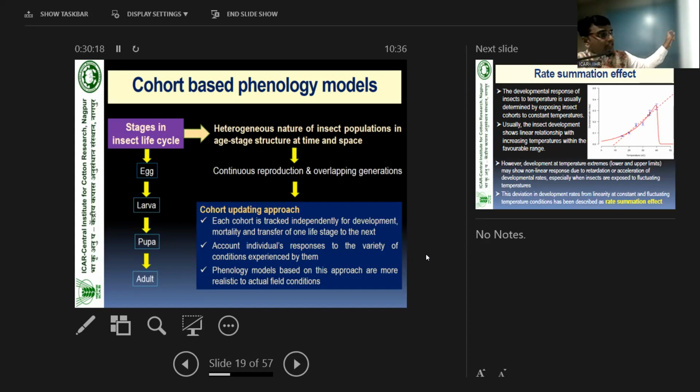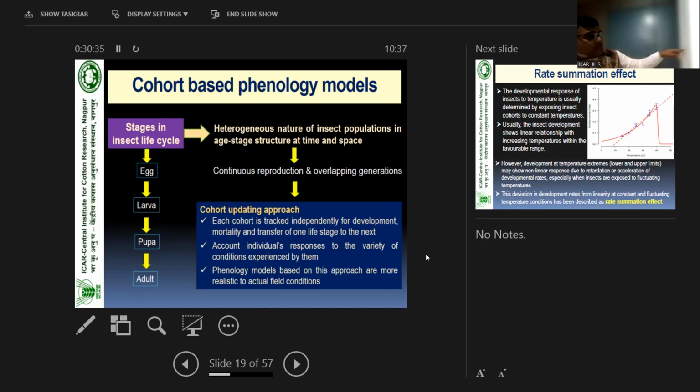That's why it accounts for individual responses to variable temperature or environmental conditions, and that's why phenology models based on this approach are considered more realistic. We are not considering generalized responses of the life stages. Cohort stages are being considered.